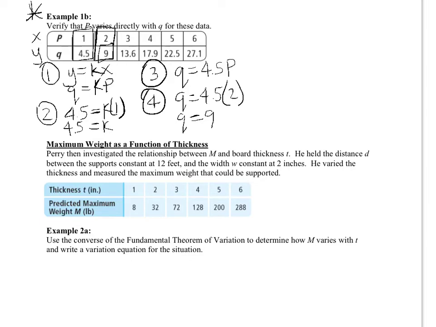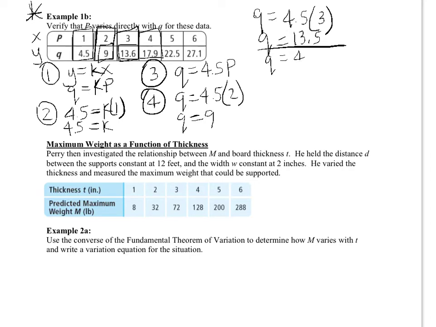Let's test it for the rest. When P is 3, we'll do the next set of data. Three times 4.5 is 13.5. That's really close to 13.6, which is good. If P is 4, 4.5 times 4, Q is 18. That's really close to 17.9.